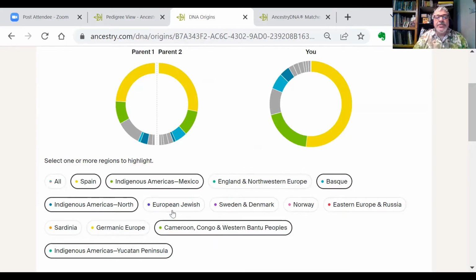Possibly even this European Jewish ancestry over here, although that could easily be something else.